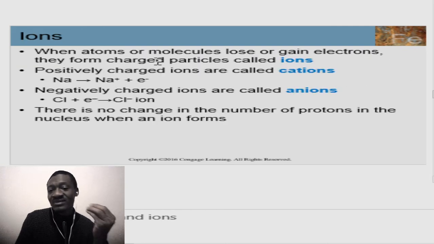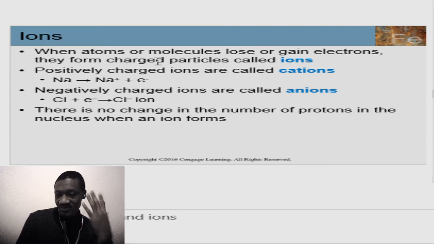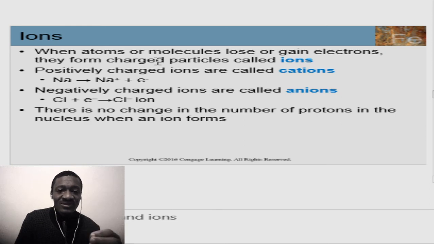So how do we name the ions? We've dealt with molecules, now we're looking at ions. When atoms or molecules lose or gain electrons, you have that ionic situation. They form charged particles, which are called ions. It's the losing or gaining of electrons that gives you ions.